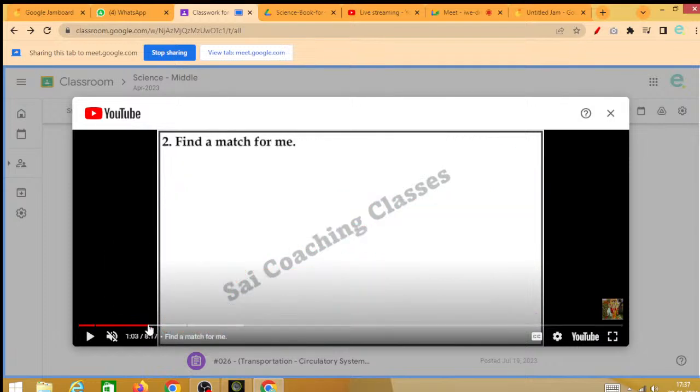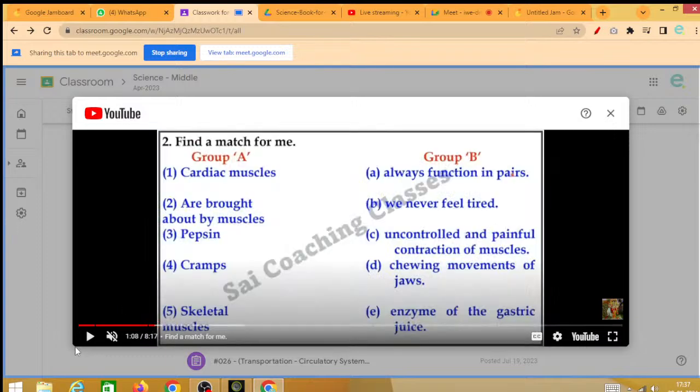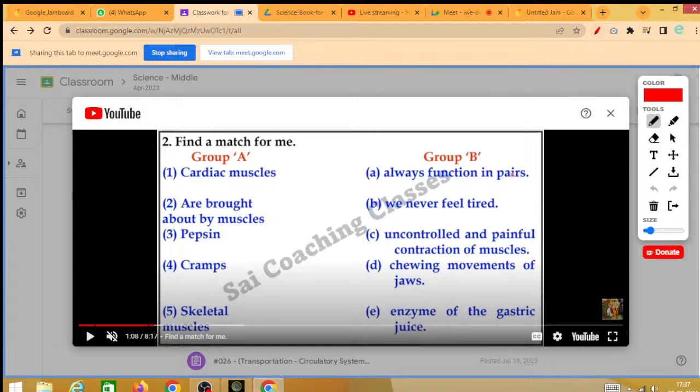Next, we have to do match the following. Harshal, come on. First one, cardiac muscle. Tell me where I should match it with B. Everybody read it yourself.